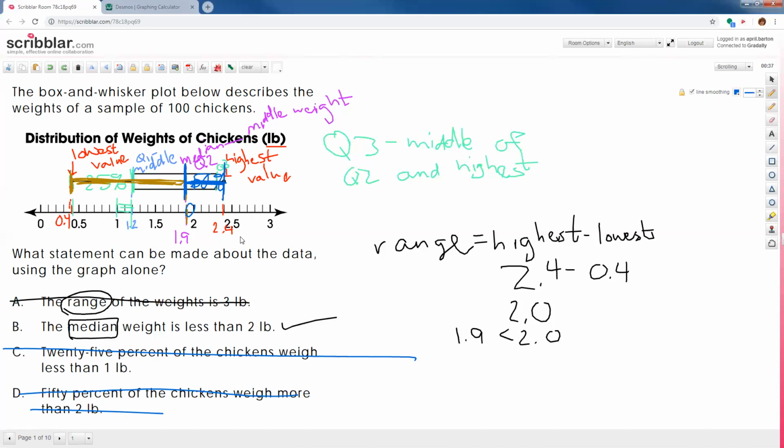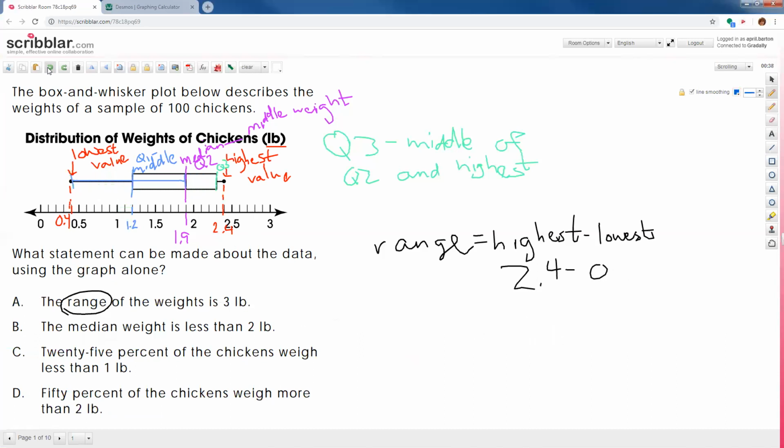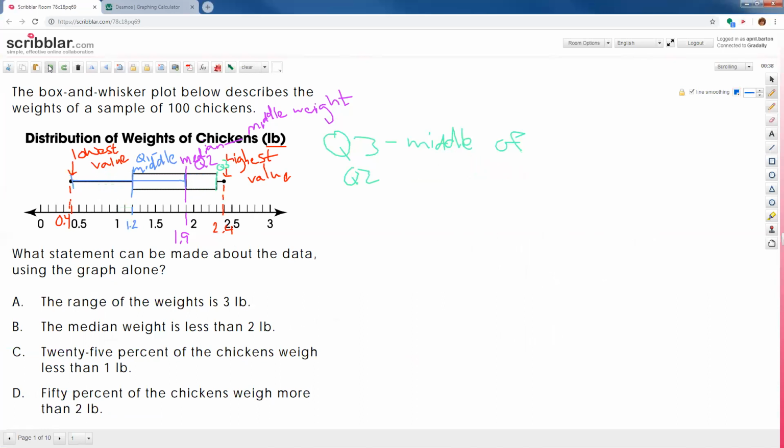If they had said 75% of the data, I'm going to get rid of a lot of this because it's getting really crowded. Okay, so that's probably good enough. 75% of the data: from the start to quartile 1, that's 25%.